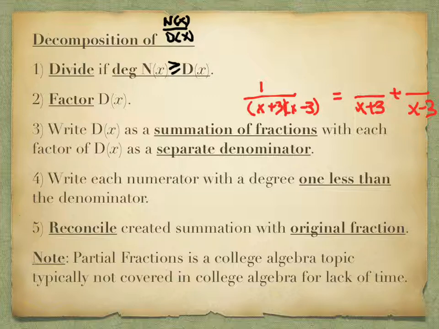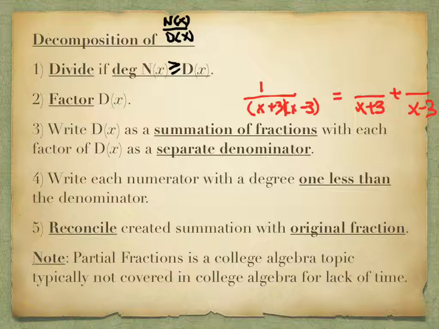So if I were still working with that example that I wrote in red right there, what is the degree of each of those new denominators that I have written on the right-hand side? What's the degree of x plus 3 and x minus 3? It's a degree of 1, right? So if I'm going to write the numerator with a degree 1 less than 1, that means the numerator has a degree of 0.